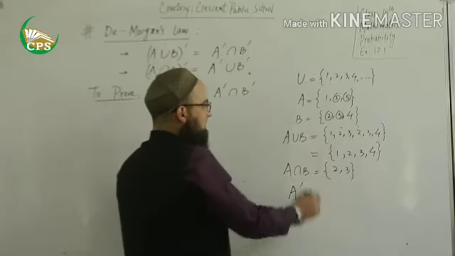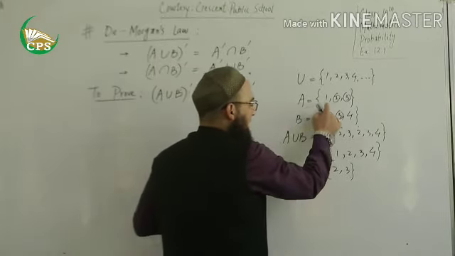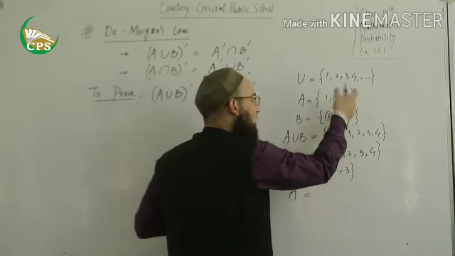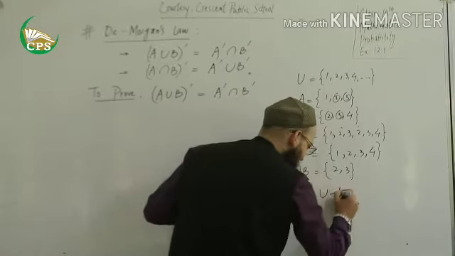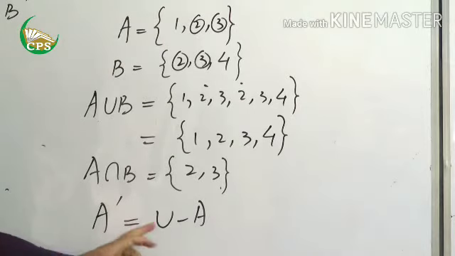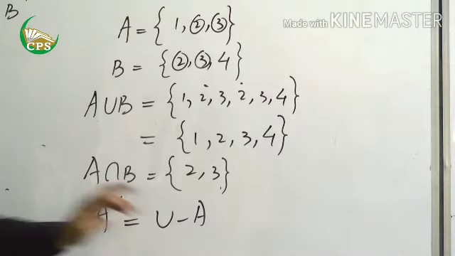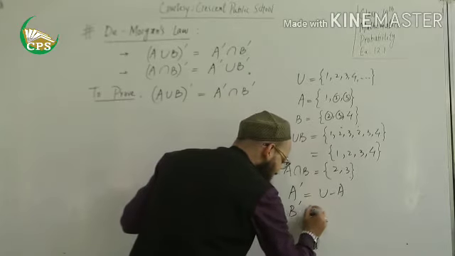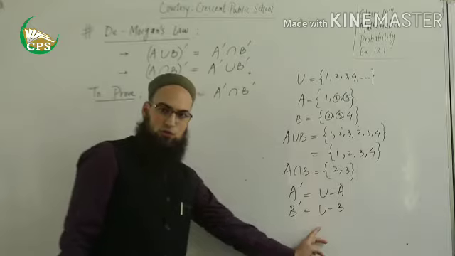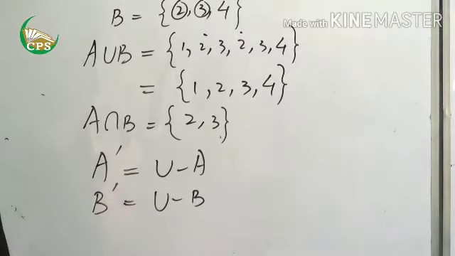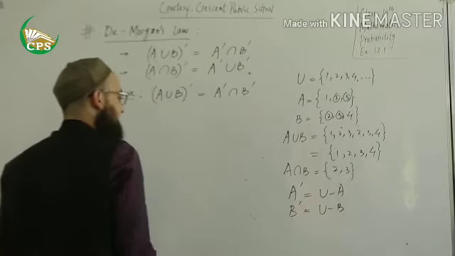Now A complement is, except the elements of A, all the elements of U are present in A complement. That means U minus A. All the elements of U except for the elements of A. Similarly, if I find B complement, it means U minus B. All the elements of U except for the elements of B. So that is the complement.